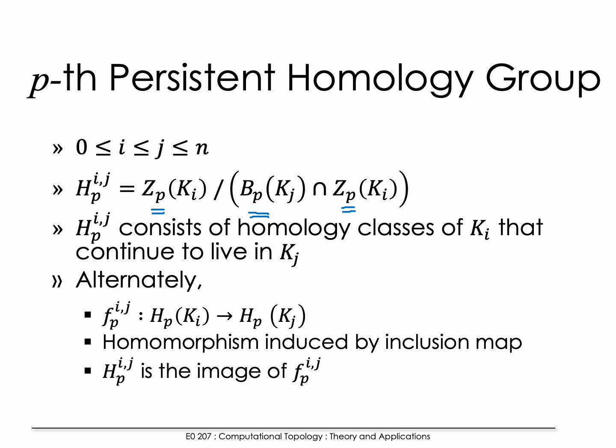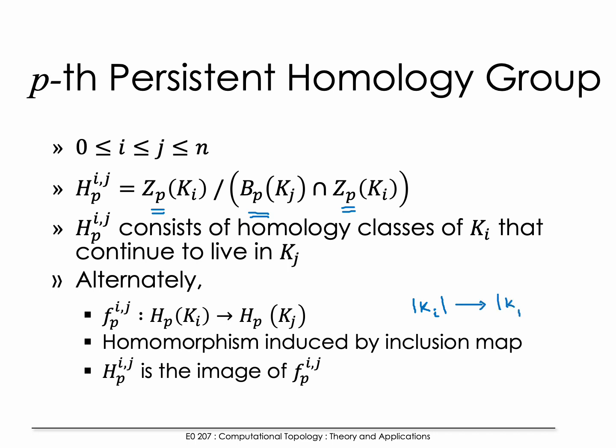And the way we can formulate this is by writing down an inclusion map. So there is an inclusion map that goes from the underlying space at K_i to K_j.